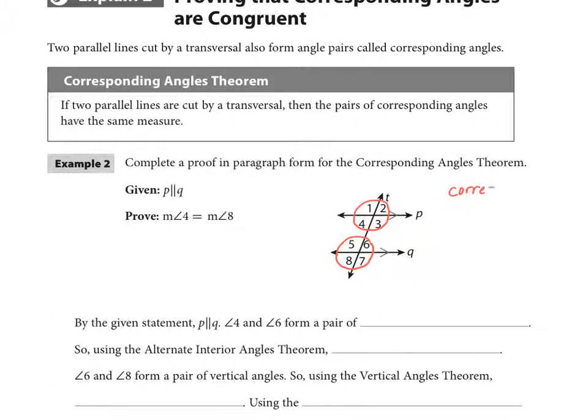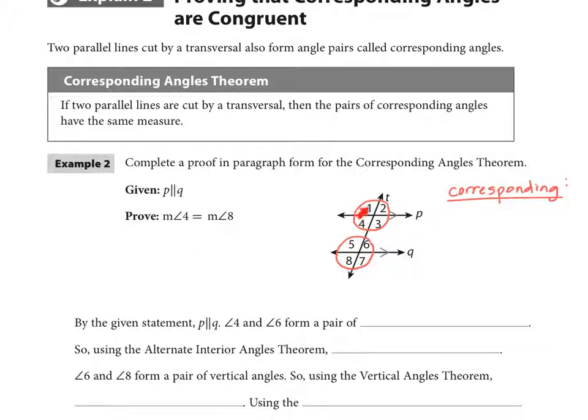We're going to match up or correspond one angle to another. If you remember back in, I believe it was 18.3, corresponding parts of congruent figures are congruent. That's the CPCFC. So same idea here, except we're not looking at different figures. We're looking at different groups of angles.